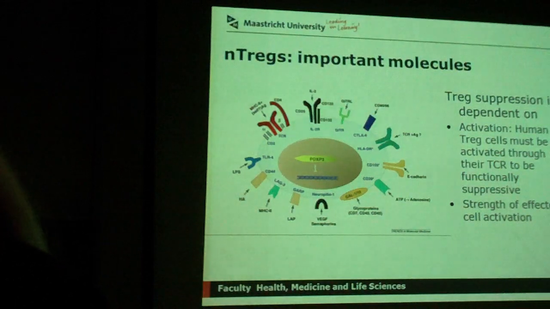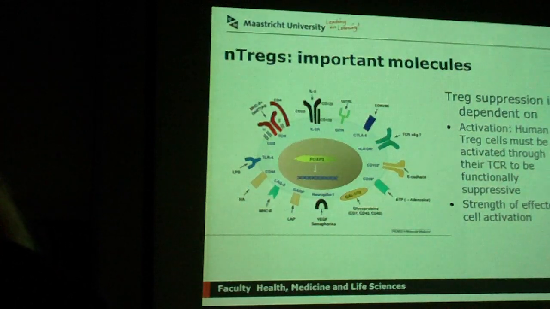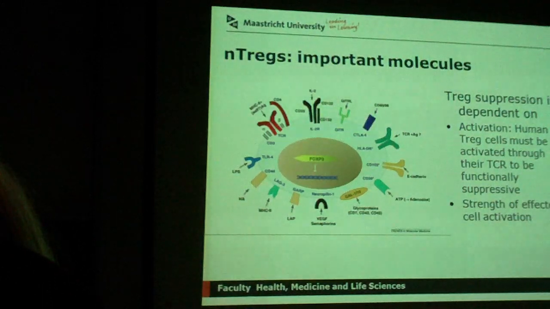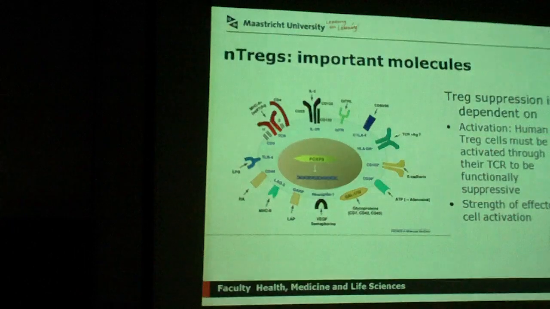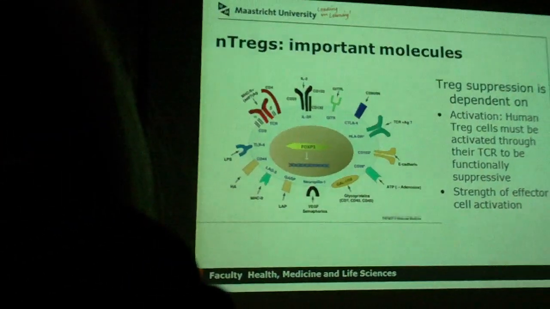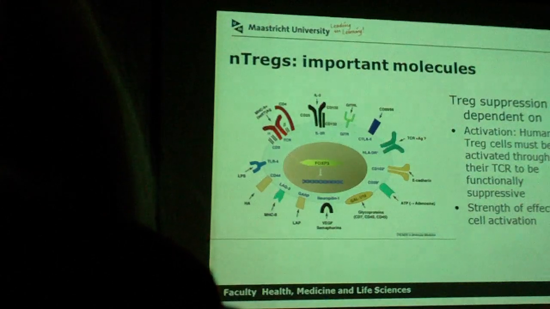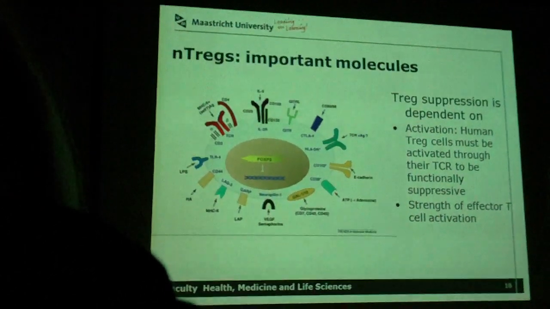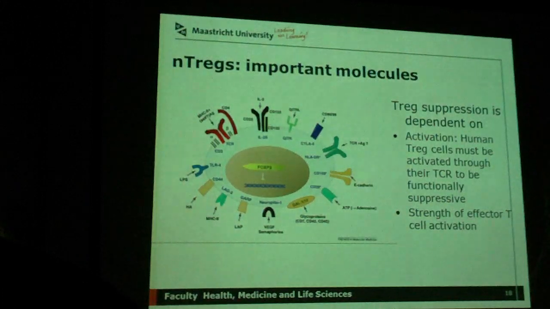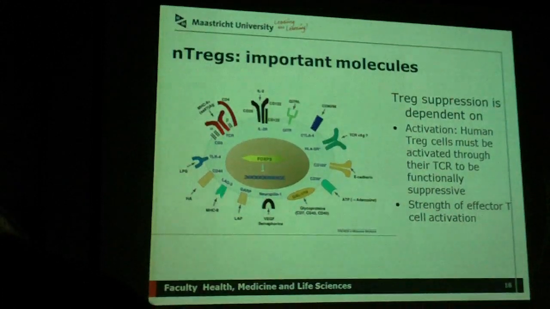So, as I said before, people made a lot of effort to characterize this Treg cell in more detail because it's convenient, of course, to follow these cells in certain diseases and also see the effect of certain therapies, for example. Moreover, these molecules can serve as a biomarker or marker of Tregs, but you can also learn something about how these cells function.